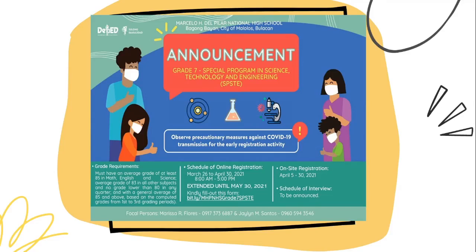Aspiring applicants should also have no grades lower than 80 in any quarter and must have a general average of 85 and above based on the computed grades from the first to third quarter periods. For more information, please contact our focal persons, Ms. Marisa Flores and Ms. Jaylin Santos, through the numbers on the screen.